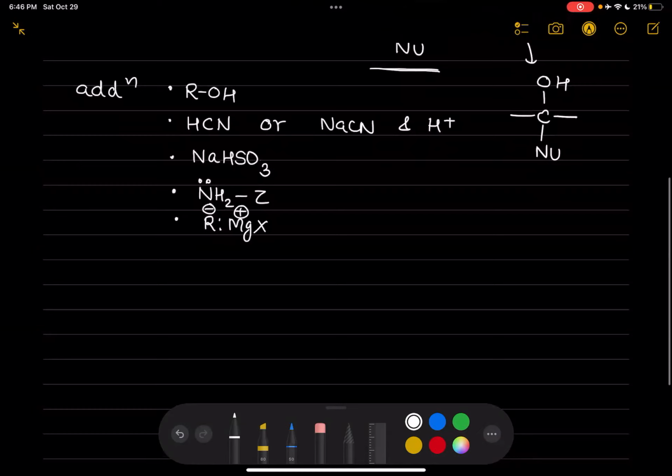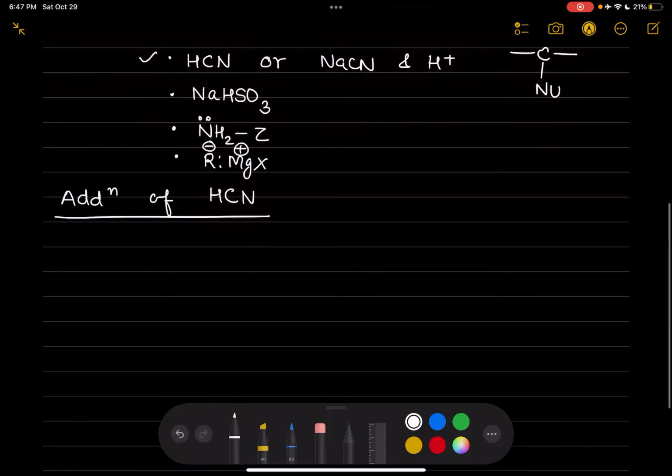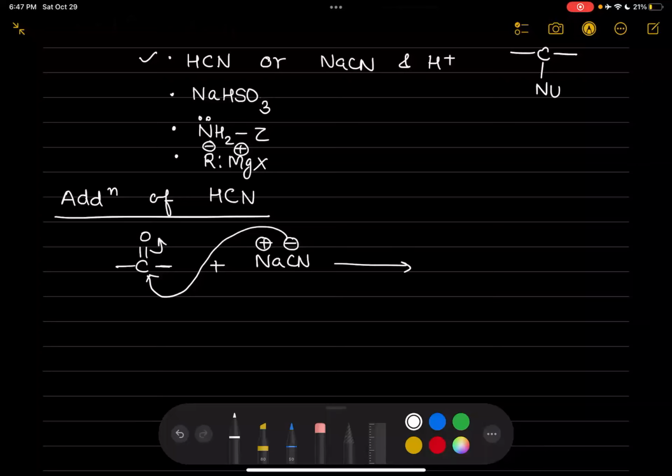So let's start with addition of HCN, which is the most common one. What is the product which is going to form if you add HCN to an aldehyde and ketone? First of all, we need to discuss this. No need to take HCN directly, take NaCN, because this being a stronger reagent, it can join more easily.